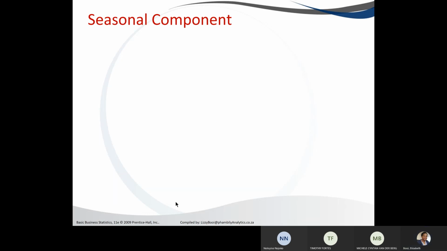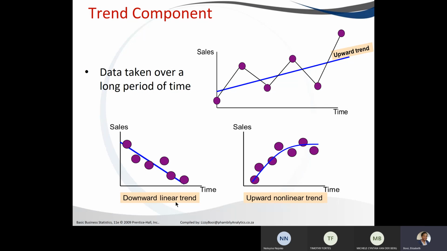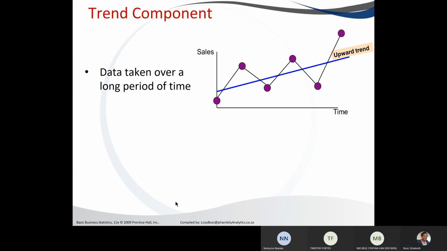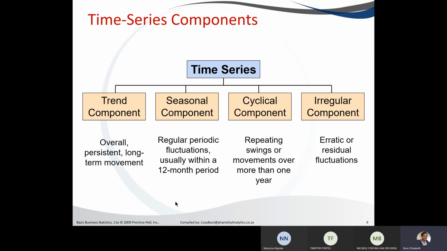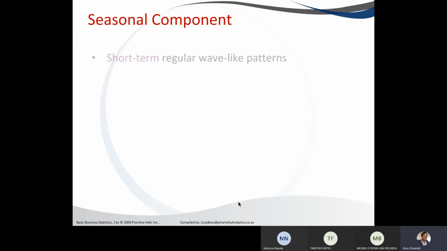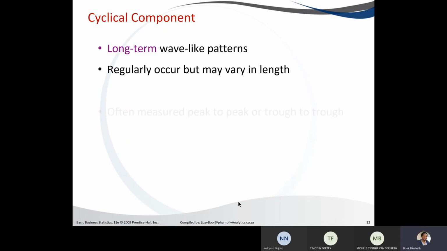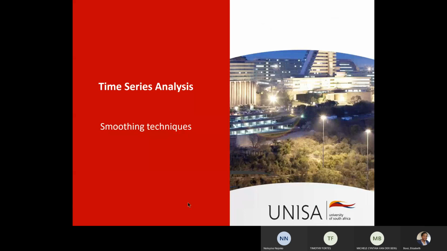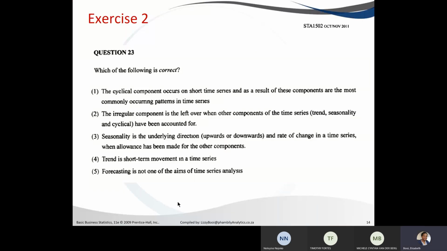And we know the trend is data taken over a period, and it has an upward trend or downward trend, or it can also have a nonlinear trend. And we also have the irregular component. These are the residual fluctuations that are not explained. Okay, so going back to our question. Which of the following statements is correct?